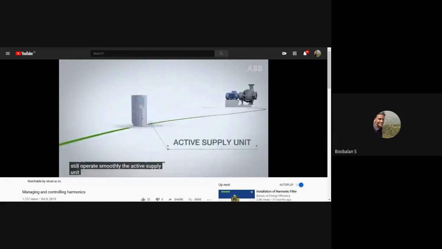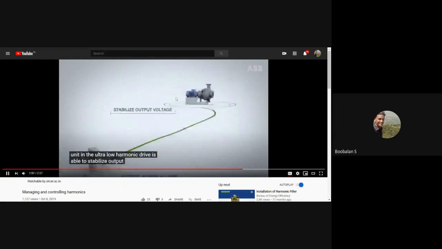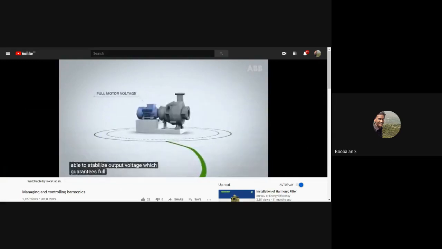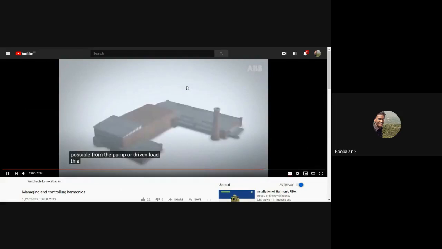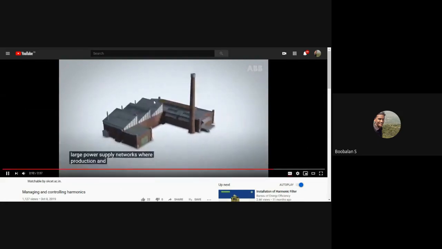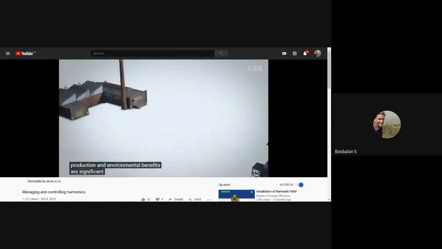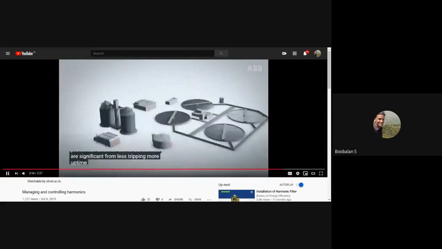The active supply unit in the ultra-low harmonic drive is able to stabilize output voltage, which guarantees full motor voltage, full motor power for the maximum efficiency possible from the pump or driven load. This is critical in many industries with large power supply networks, where production and environmental benefits are significant from less tripping, more uptime, and lower costs due to.